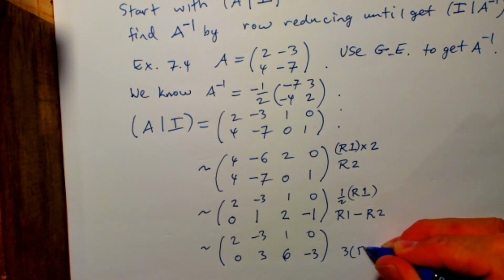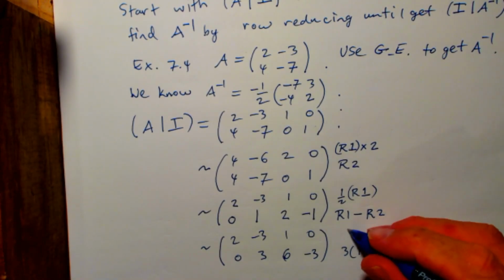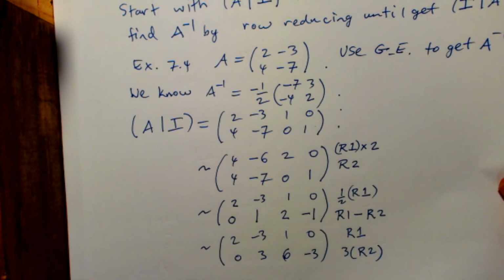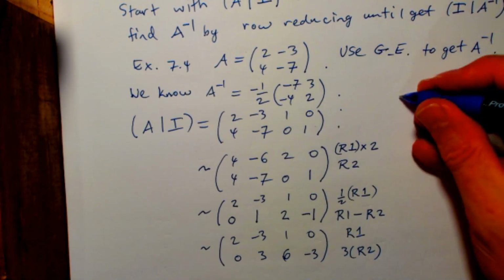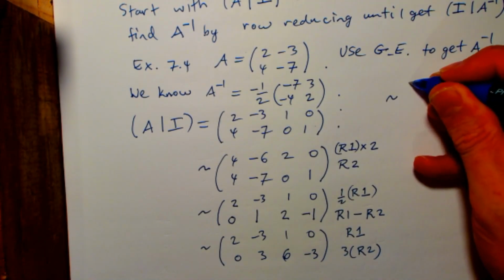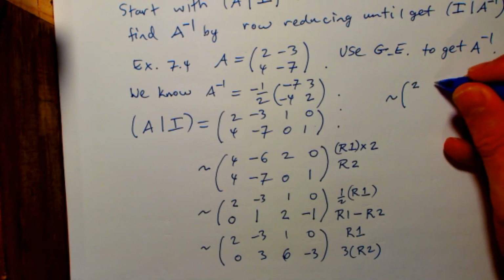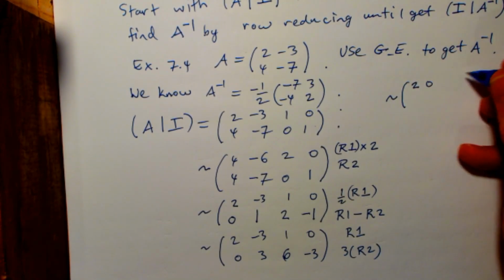So 3 times row 2, that's just the same. Okay, and then I want to add, so I'll come over here now, and so adding, I'm replacing row 1 with the sum of the 2 rows.